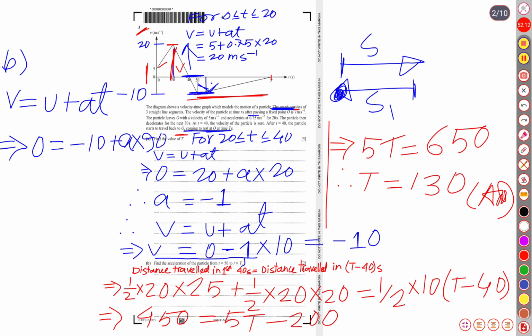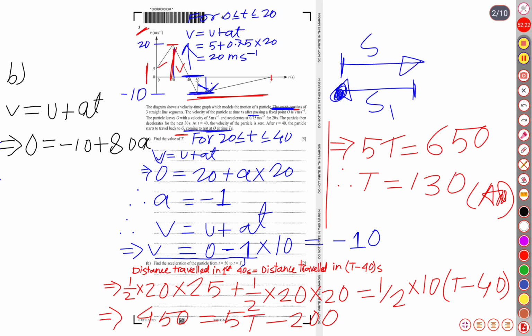Let me change the ink so that it's distinct. t was 130, and they have told us between 50 and 130, so the time is 80. Hence a is equal to 10 over 80, which means 1 over 8.